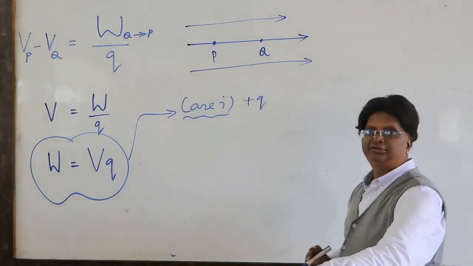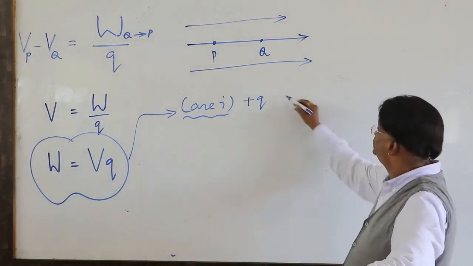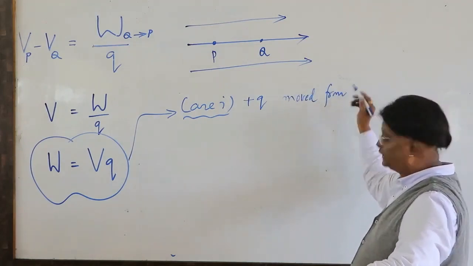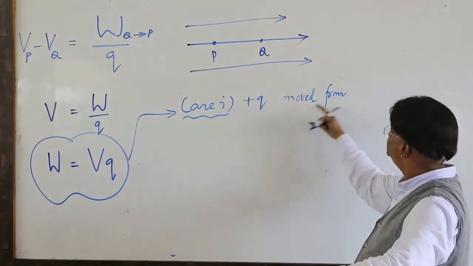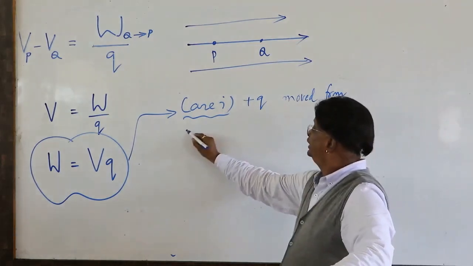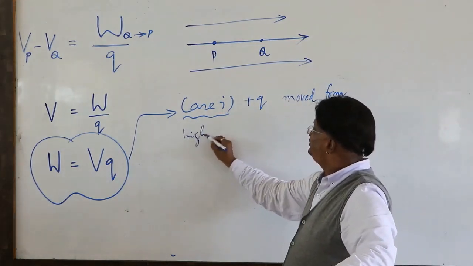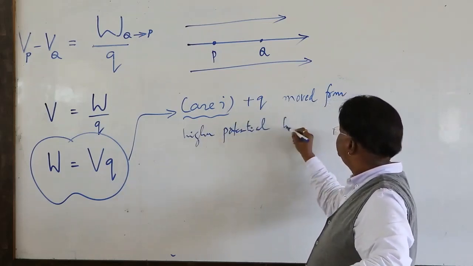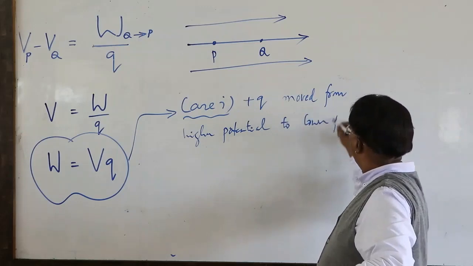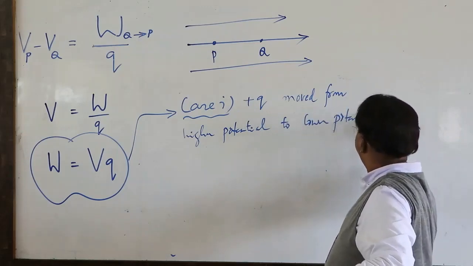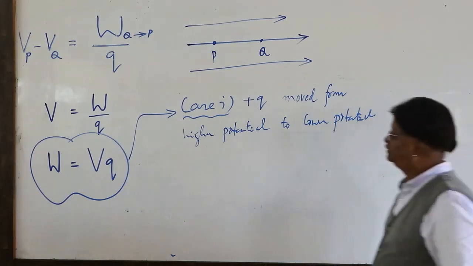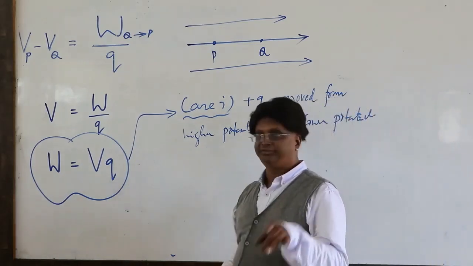Positive charge moved from higher potential to lower potential. Supposing this is the case, then what happens? Here Q is positive.